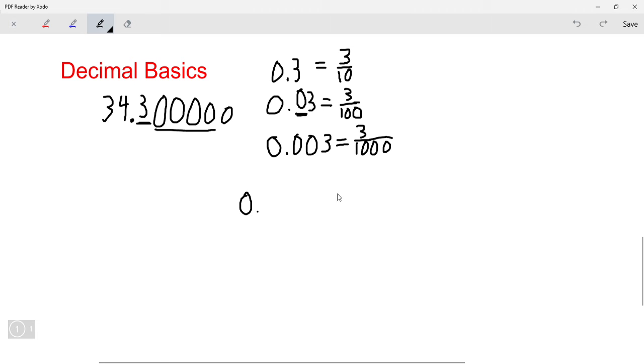And the reason that is because we can do 3/10 equals 3/10. Then we can do 30/100ths, right?